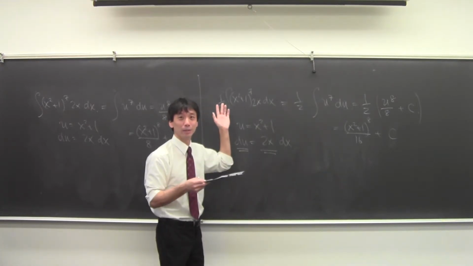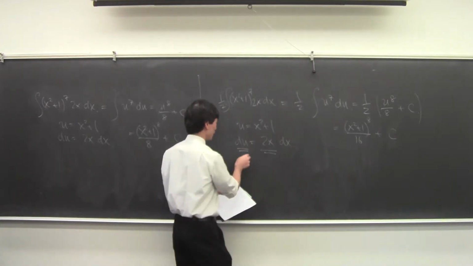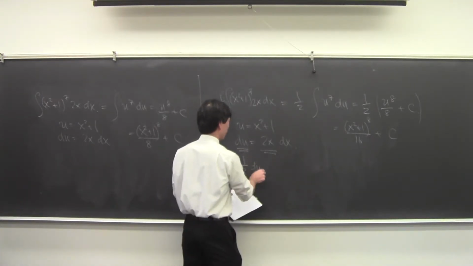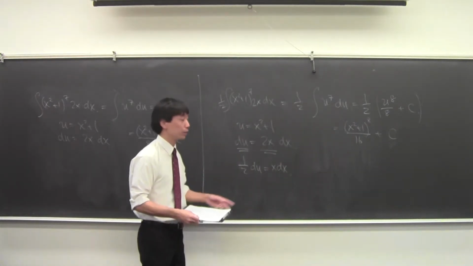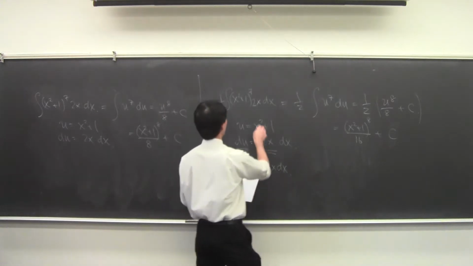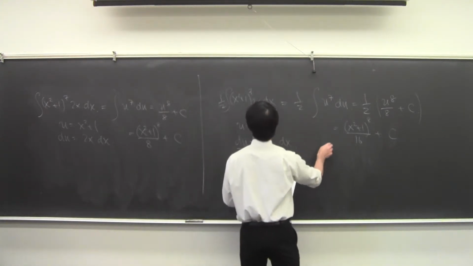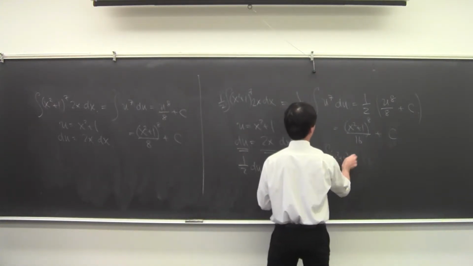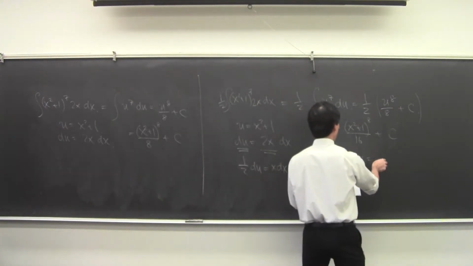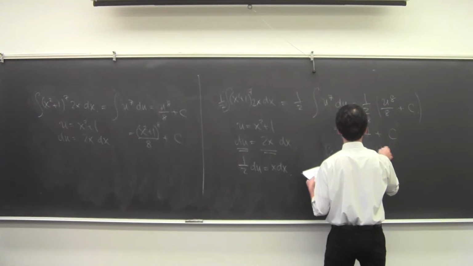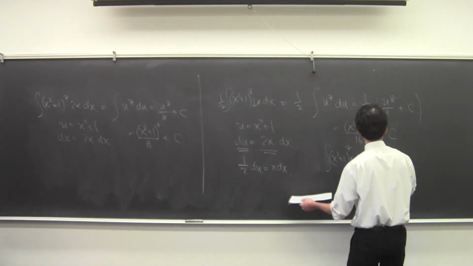Yes, Hannah? Can you simply just divide du by 2? Sure. Yeah, so you could say, okay, I know that 1/2 du is x dx. You could do that as well. So instead of multiplying by 2 and dividing by 2, you would say, well, this is u to the 7th, and then x dx is 1/2 du.